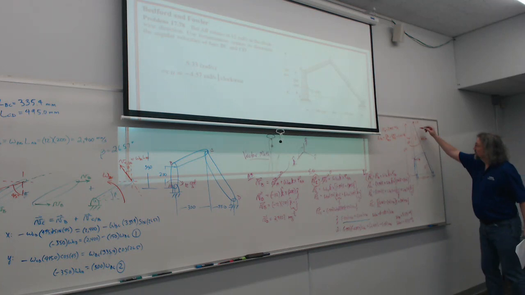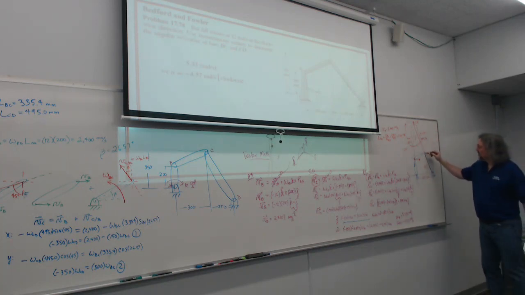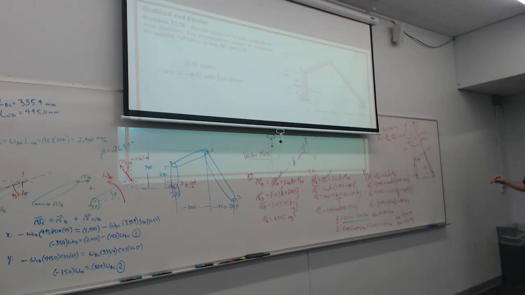Now we want to find where this is. This is R of C with respect to ICR. And we can already see that we're going to have a velocity of C that's going to go in that direction. How did I find it? I took the square root of 2.